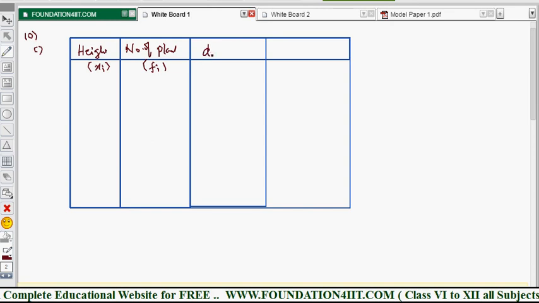And di we need to find: that is xi minus the assumed mean. The next column is fi di.